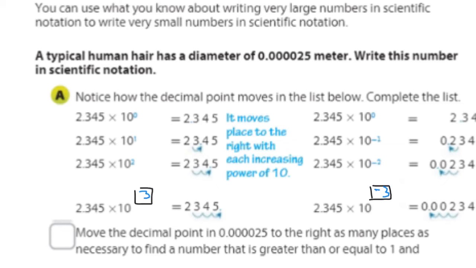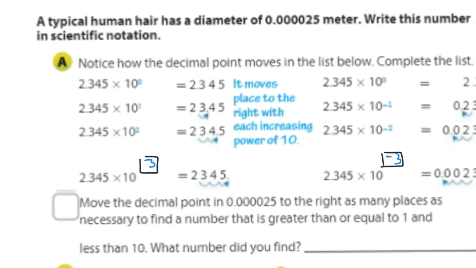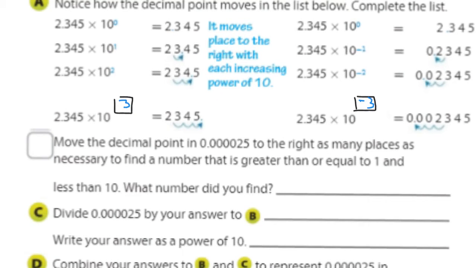Okay, so let's actually tackle the problem that they gave us. I don't know why this block is here on my page. It should actually just be the letter B. As I said, when I get this stuff off the computer, it doesn't always match up with the book. All right, so they want us to move the decimal point in this number to the right as many places as necessary to find a number that is greater than or equal to 1 and less than 10.